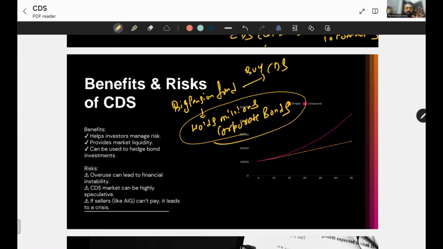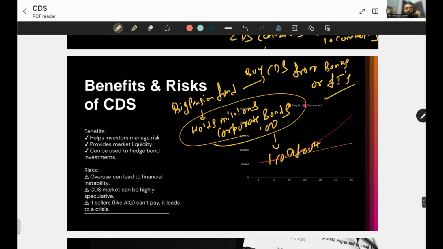To cover the potential losses against these bonds, they buy CDS from banks or financial institutions, right? So if one defaults, the CDS pays out, minimizing the losses. In case they hold millions of corporate bonds across maybe 100 companies, and one company defaults, then the bank or financial institution that sold us the CDS contract will compensate against the losses.